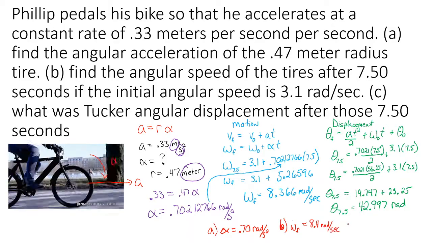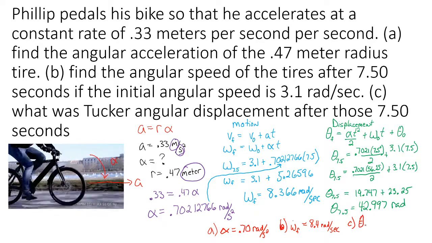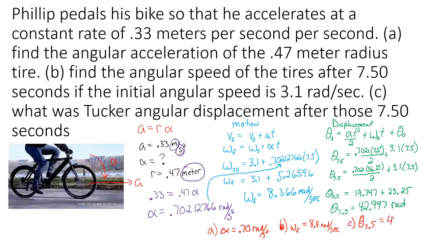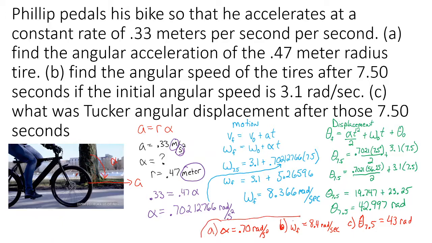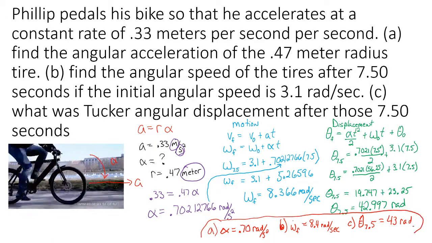And my answer to question C is that the final angular displacement after 7.5 seconds is 43 radians. Okay, so that should solve our problem there. I'd be ready for this on homework and on Friday's quiz.